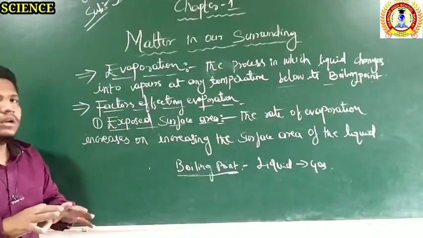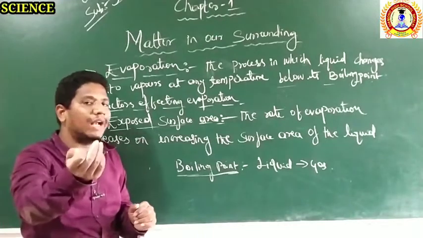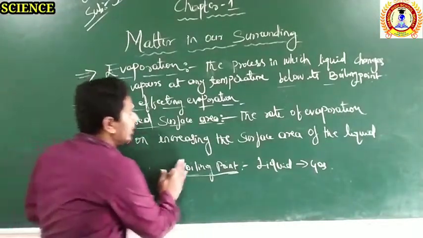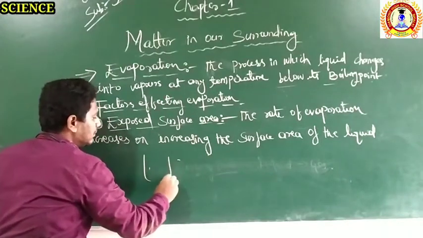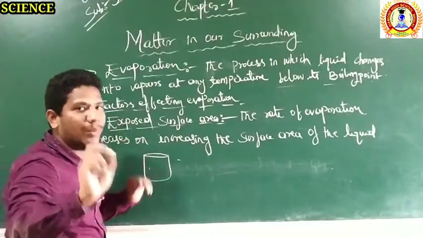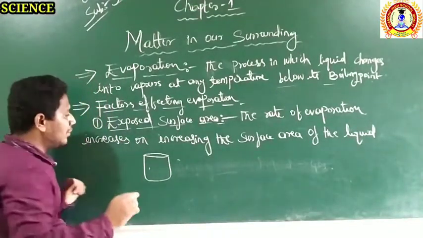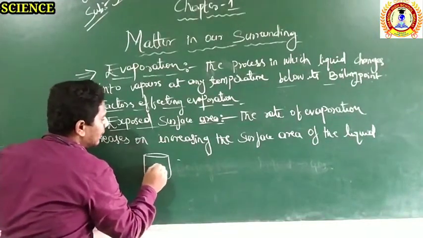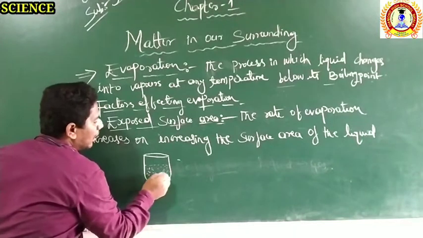So we are going to conduct one activity. I will tell you the activity, just do it on your own. If you want to understand the process of evaporation, kindly do this experiment in your house. Take one glass and fill half of it with water.